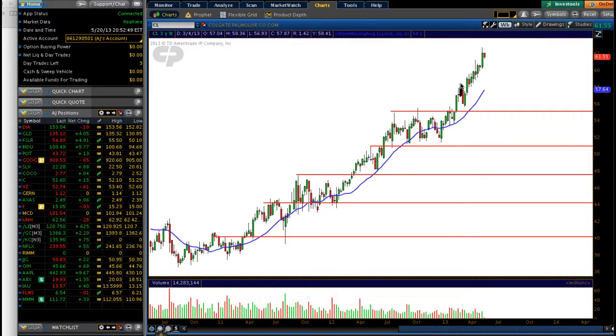Now, what's interesting here is that the stock has a resistance point back here at 58.5, and let's see, the stop, as we mentioned, Bruce said he has a stop at 59.